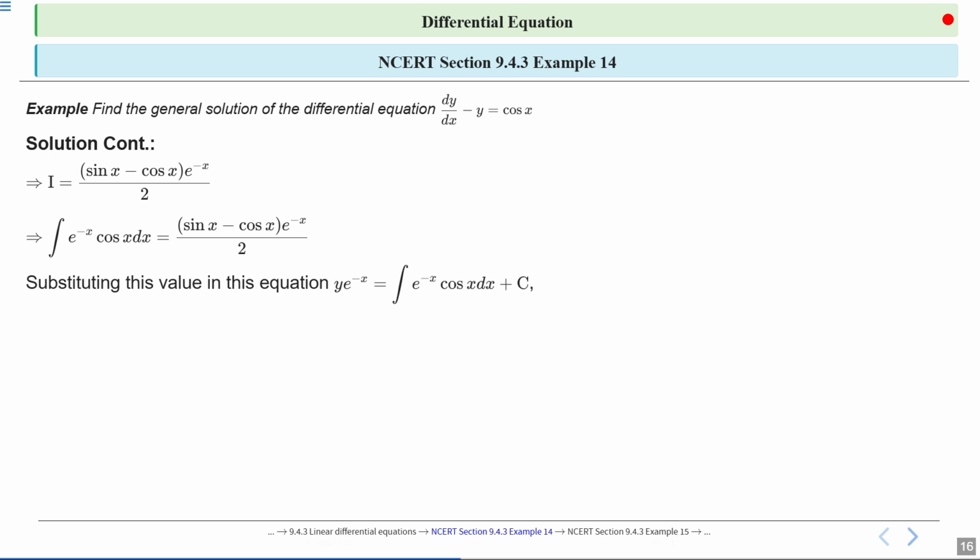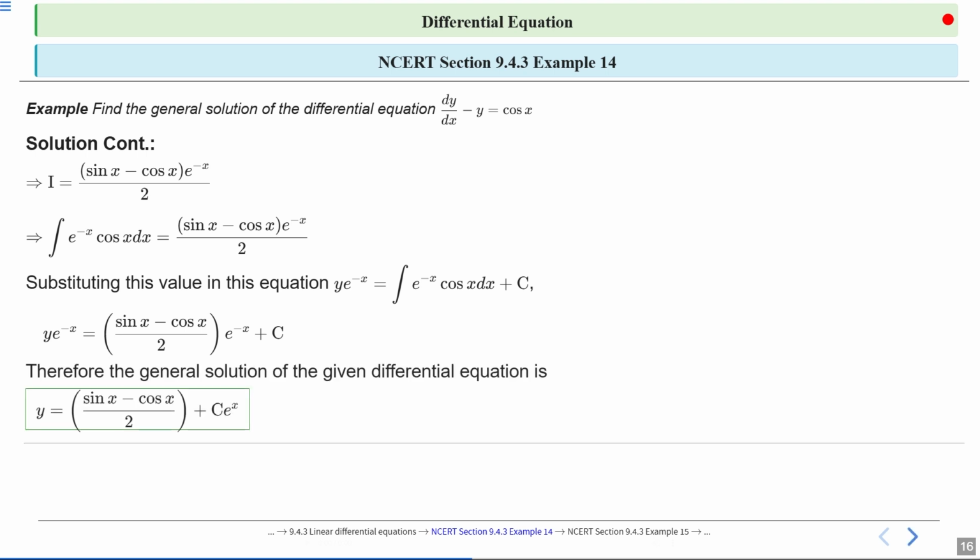We get y into e to the power minus x is equal to sin x minus cos x by 2 into e to the power minus x plus c. Therefore, the general solution of the given differential equation is y is equal to sin x minus cos x by 2 plus c into e to the power x, and that is the general solution.